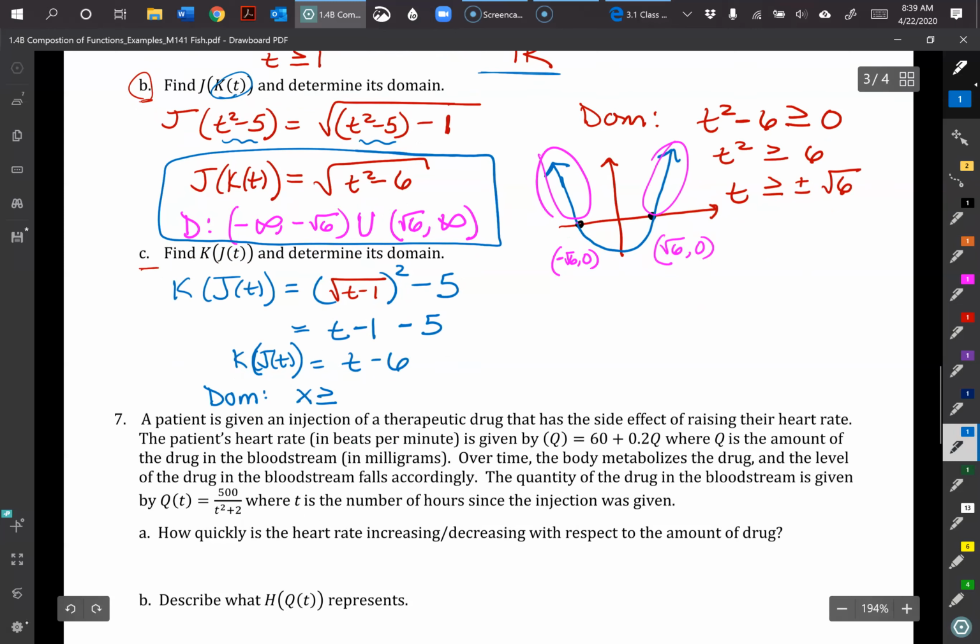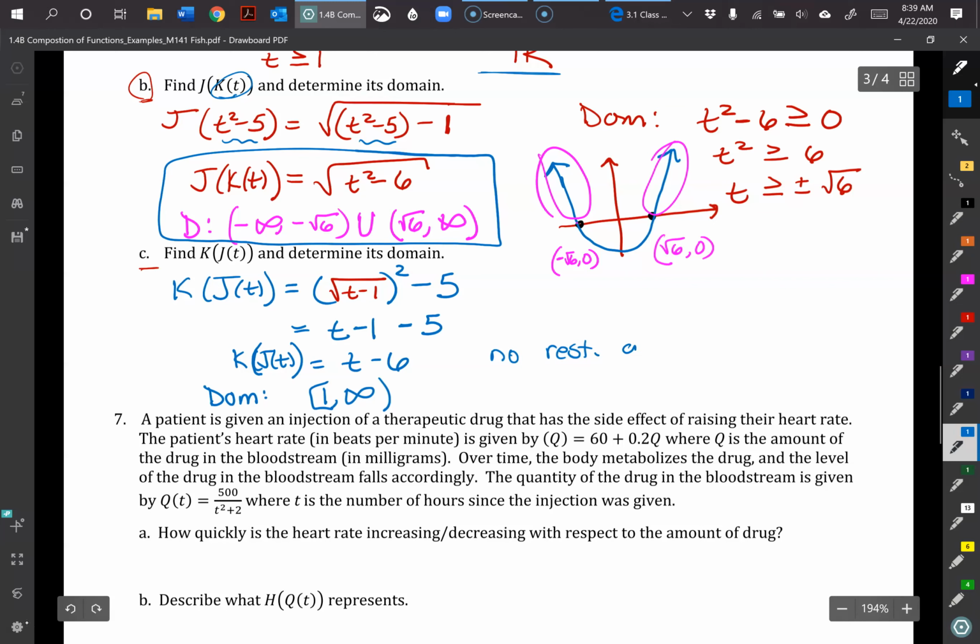Or you can write it in interval. Let's stick with interval because that's what we started with on the other one. We also have to check our composition, but there's no restrictions there. We're good for that. No restrictions on composition.